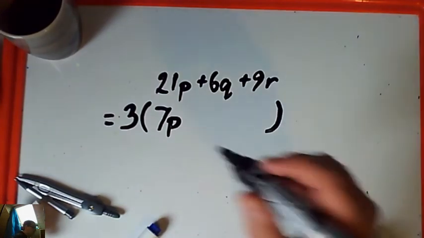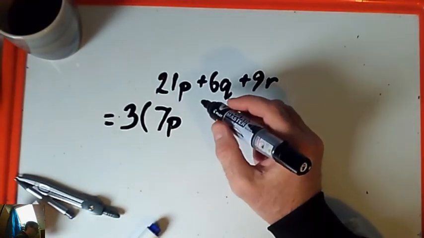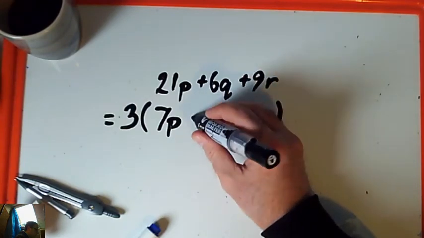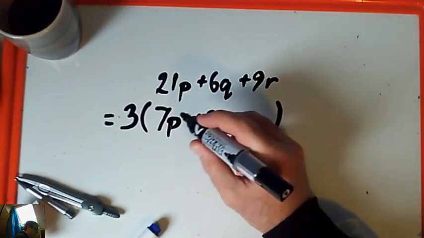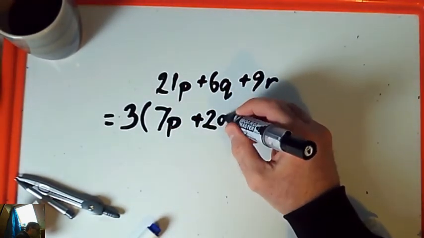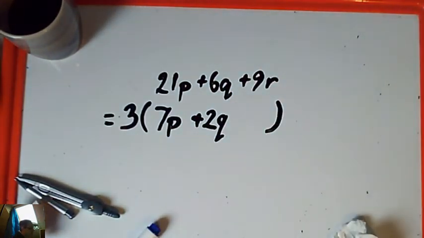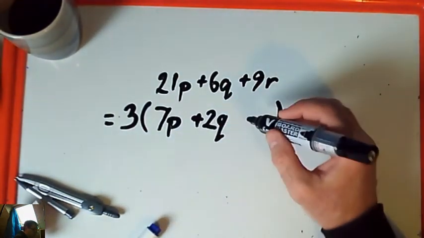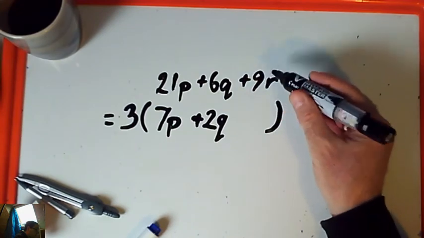Next question. 3 times what inside the brackets will give me 6q. Well, 3 times 2 will give me 6. So 3 times 2q will give me 6q. Then the last question, 3 times what inside the brackets will give me 9r.